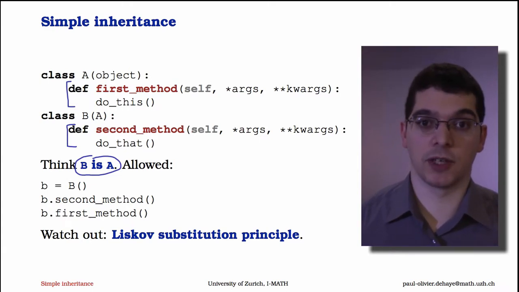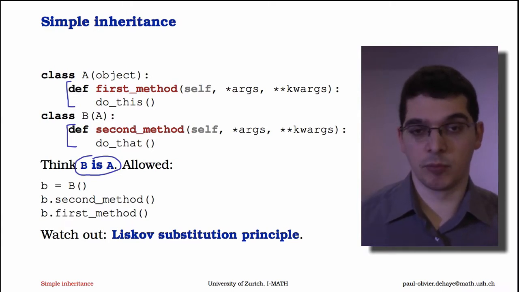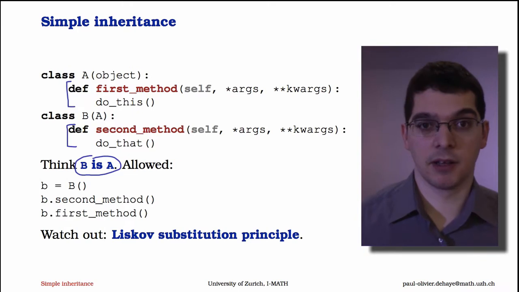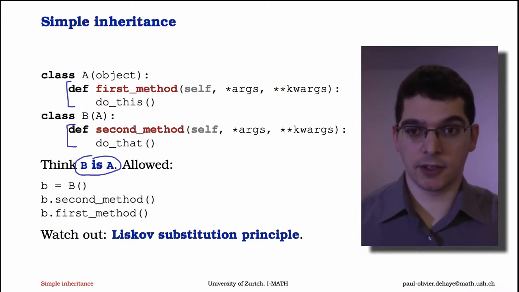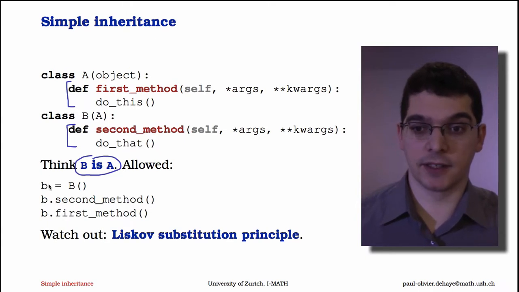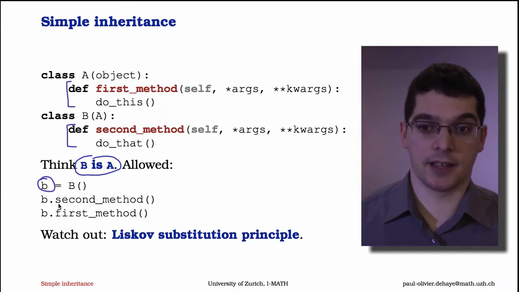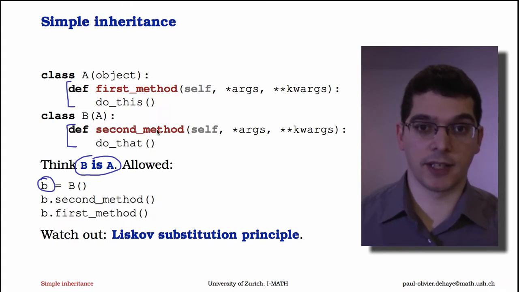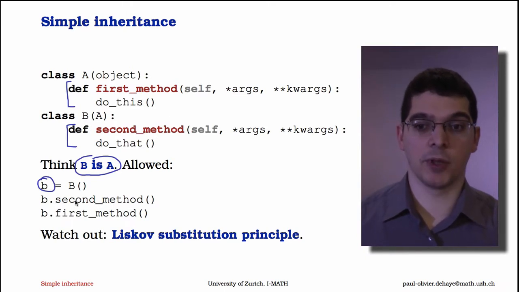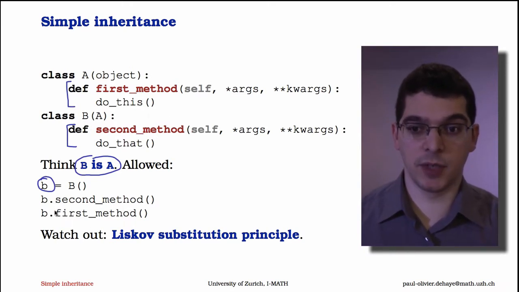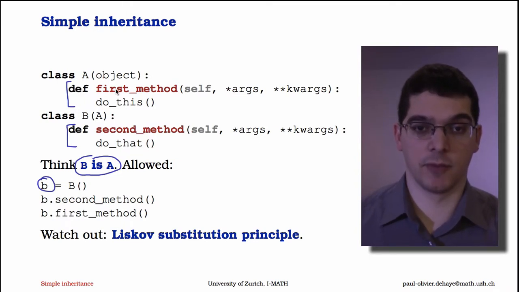It would not be true that whenever you use an instance of B, you could use an instance of A instead. B is more specialized than A, which means that B could be substituted for any occurrence of A. In particular, whenever you have an instance little b of big B, then B has access to second method, which is not surprising because second method is defined in the definition of B, but also to first method because B is also an instance of A, and A had a first method.